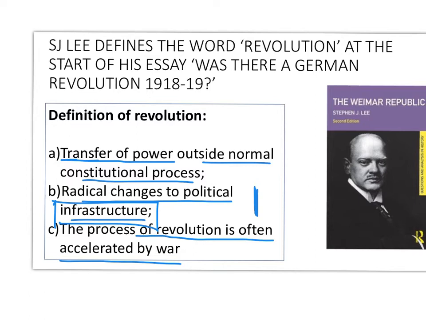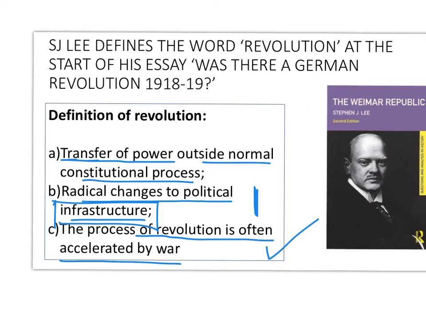Not necessarily the cause, but the accelerator that brings about the change. If you think about the end of the monarchy and the creation of a republic, you could argue, yes, that certainly seems to fit. World War I accelerated the process that brought about the end of the German monarchy.